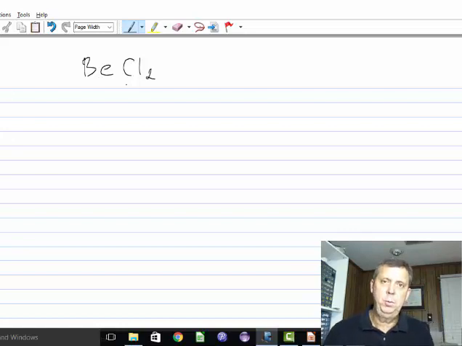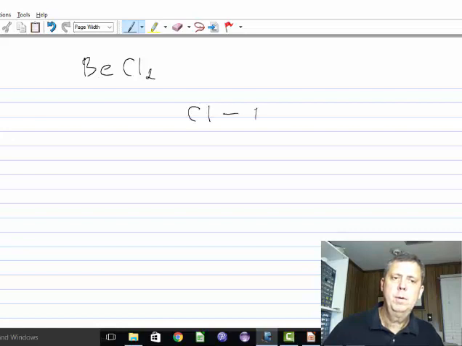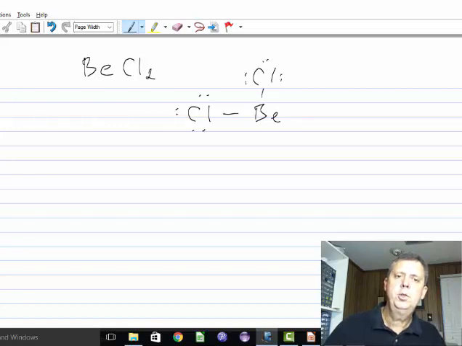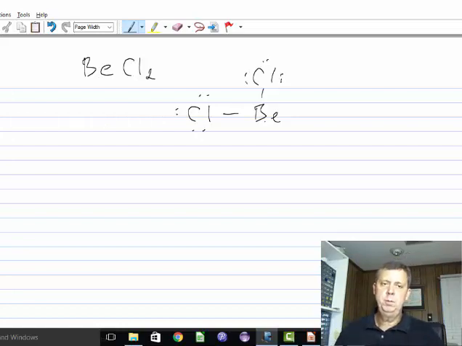It gets back to formal charges, and the electronegativities aren't strong enough to form a full ionic compound. So I'll draw it like this. This is the Lewis structure of beryllium chloride. Looking at formal charges, all formal charges are 0, so that's why this works out.